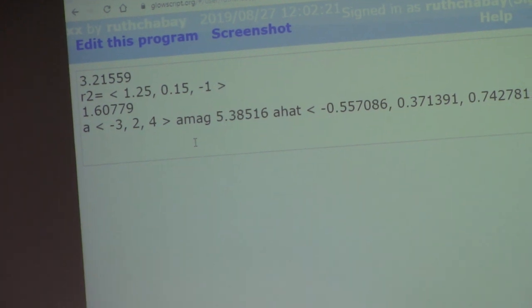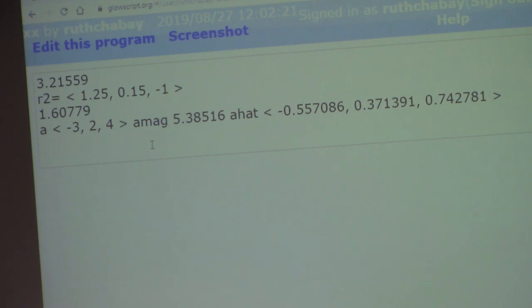Okay, so this unit vector came out to -0.557, 0.371, 0.743, no units.